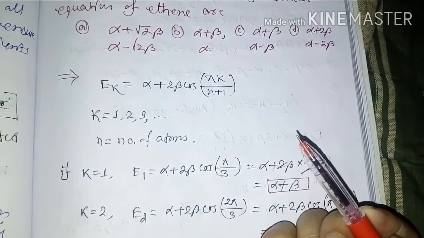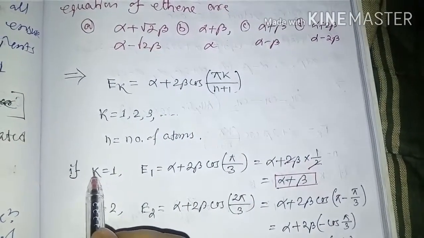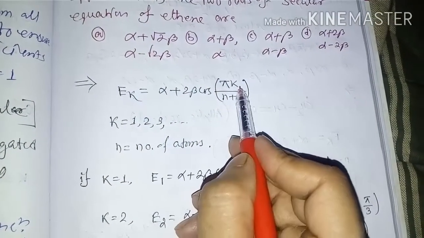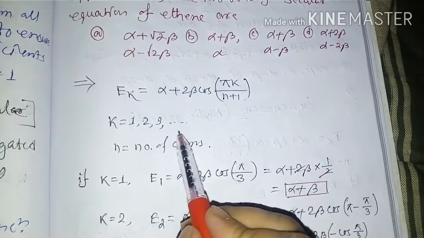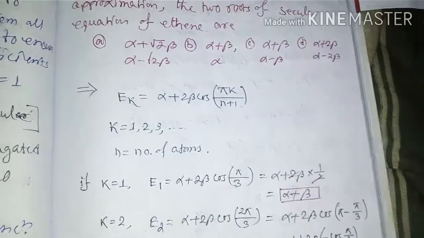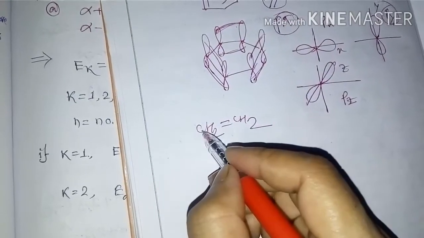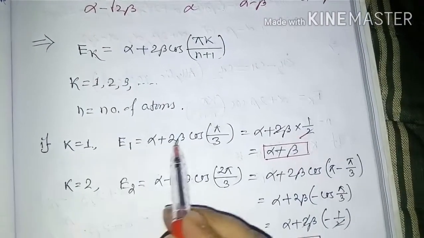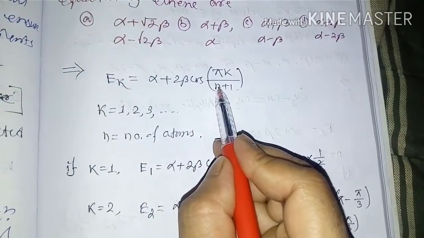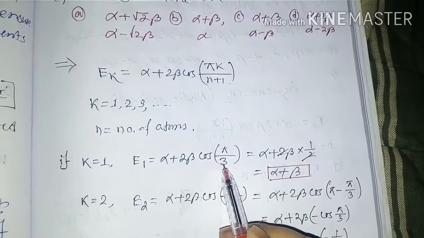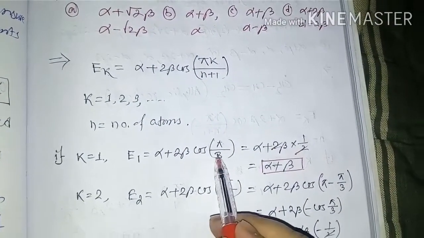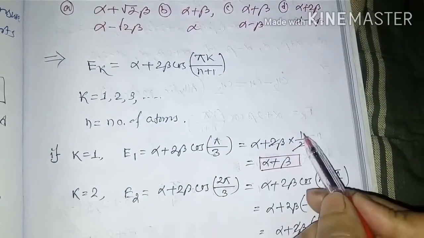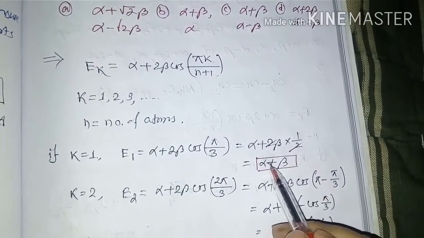How many carbon atoms? Suppose k value is 1. Then in ethylene, how many carbon? Only 2 carbon, so you have to put 2 plus 1, then 3, pi. Now cos pi by 3 value is what? Cos pi by 3 is 1 by 2.